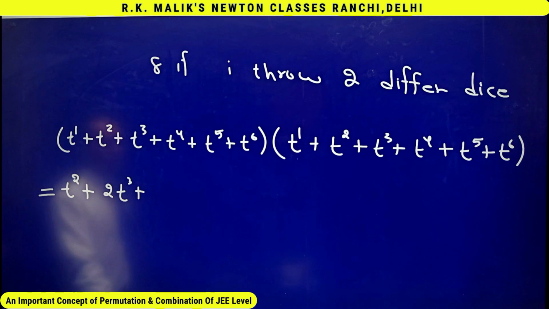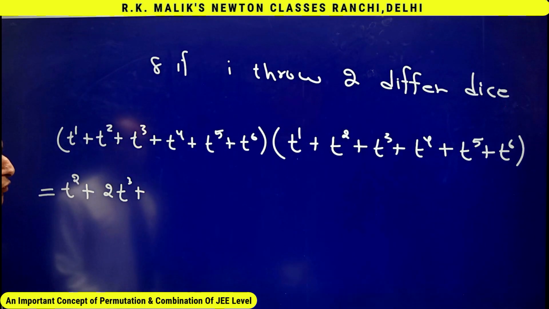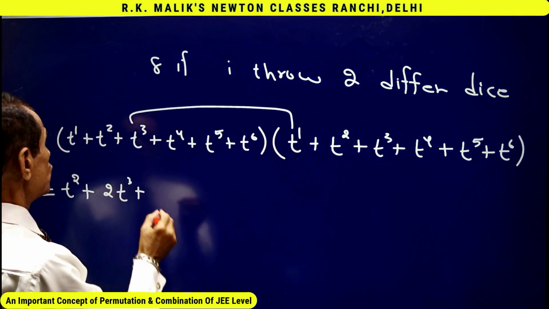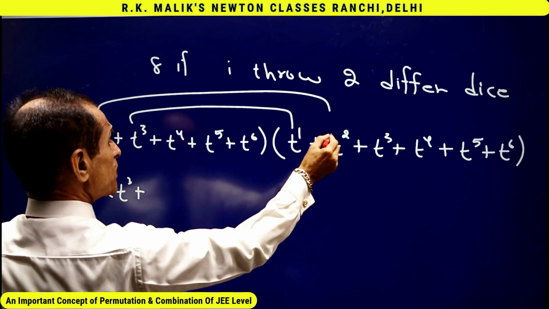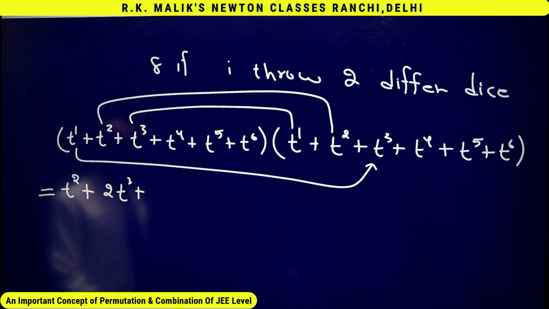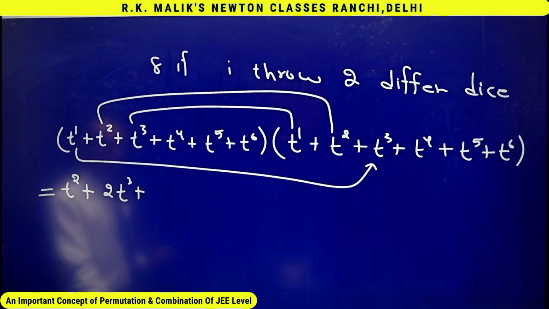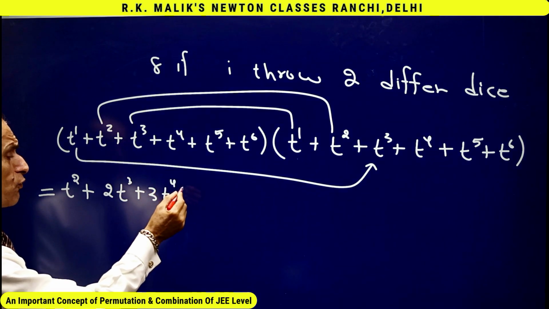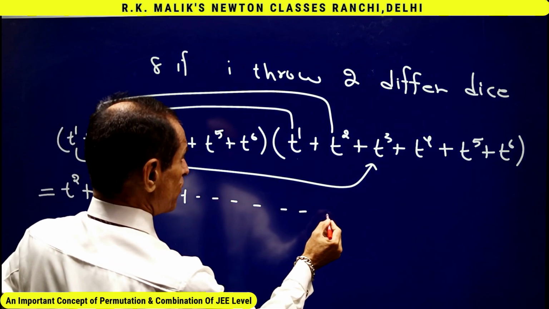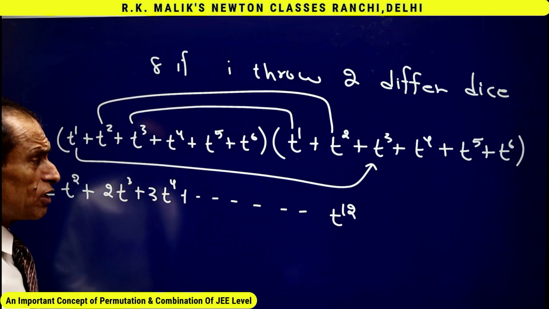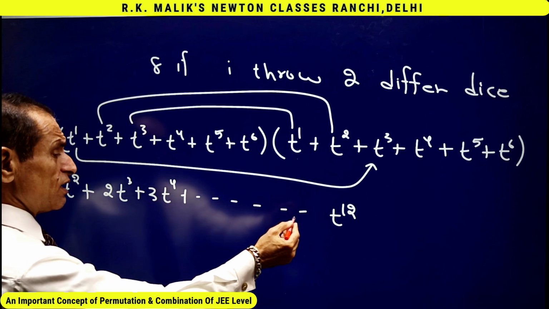Suppose I want to find the coefficient of t to the power 4. T to the power 4 will come when this will be multiplied by this, or when this will be multiplied by this, or when this will be multiplied by this. That is, t to the power 4 will come 3 times. Therefore, we will be getting 3 t to the power 4, and the maximum power of t will be 12, and t to the power 12 will come only one time.